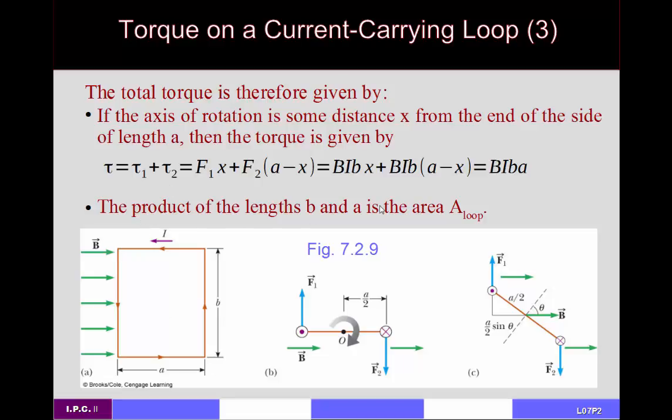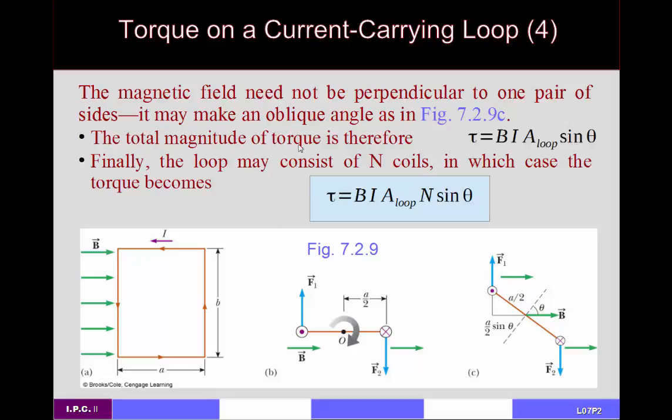So the product of these lengths, b times A, is actually the area of this loop. So what that basically means is that the actual magnitude of the torque acting on this single loop of wire is the magnetic field strength times the current times the area of this whole loop, the area of the rectangle, times the sine of theta, because remember that this thing could have tilted at some point so that the magnetic field is no longer totally perpendicular to these two sides.